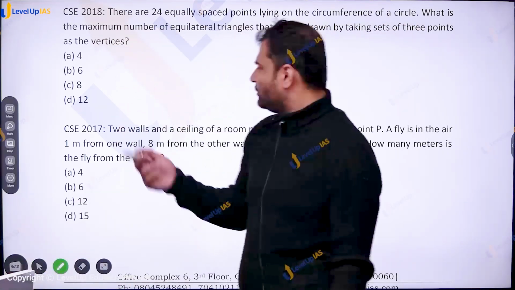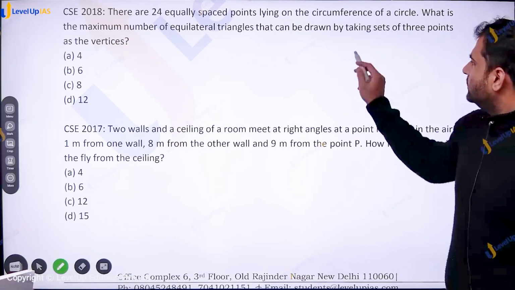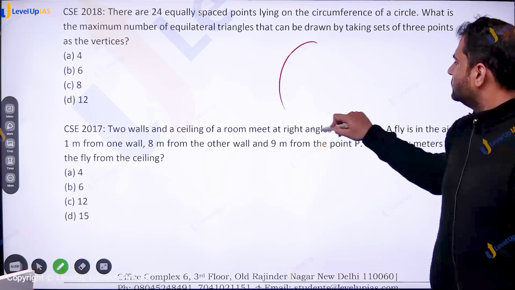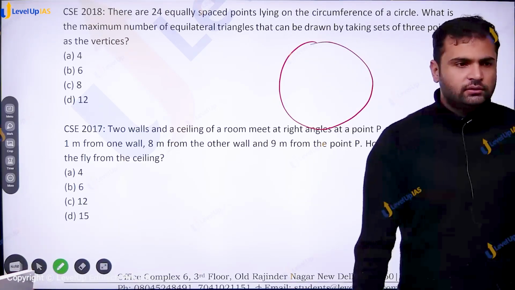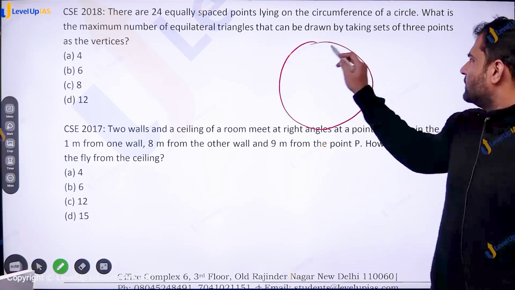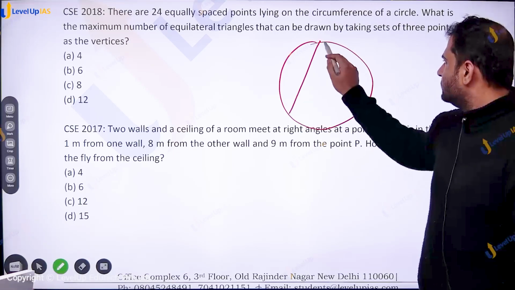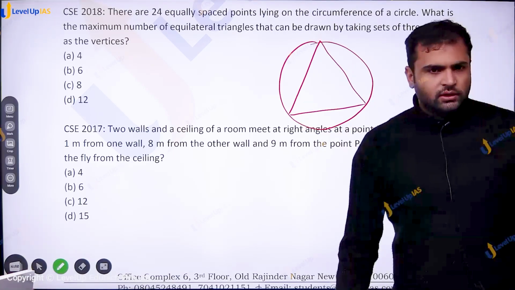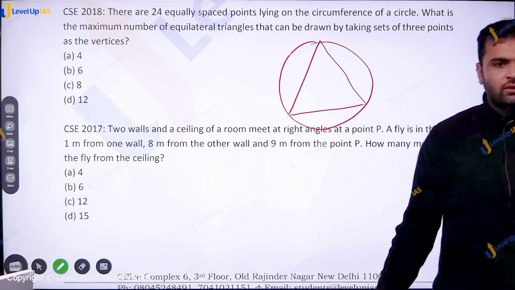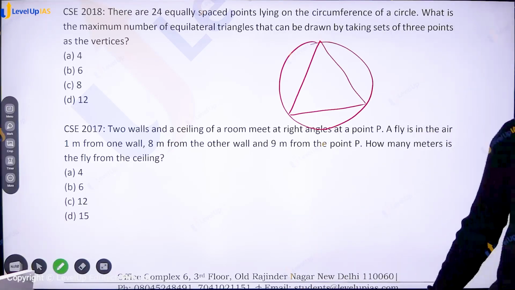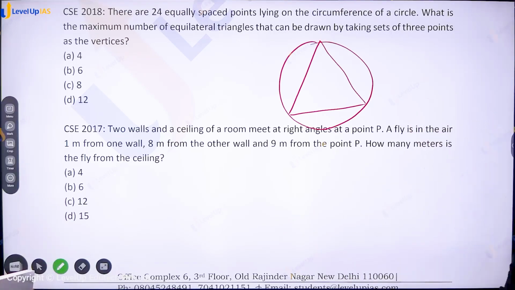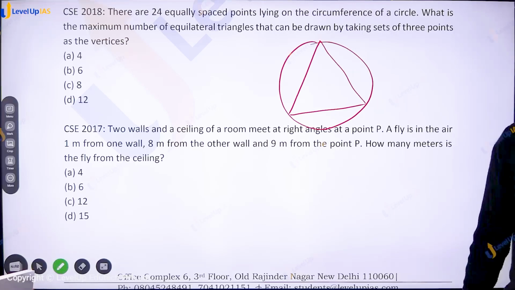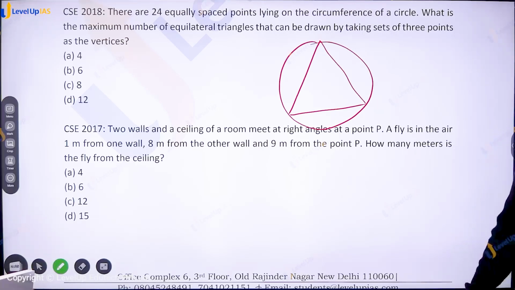Let us try to draw. Let us say we have a circle and let's draw an equilateral triangle. All sides are equal, all angles are 60 degrees for an equilateral triangle, that we have studied. Now this is a symmetric figure.